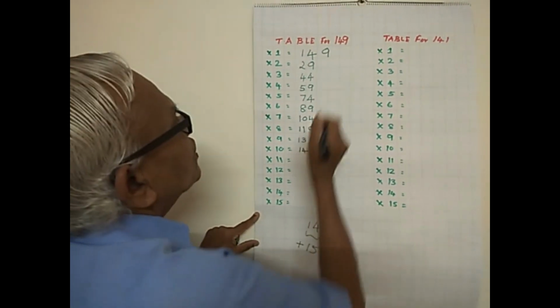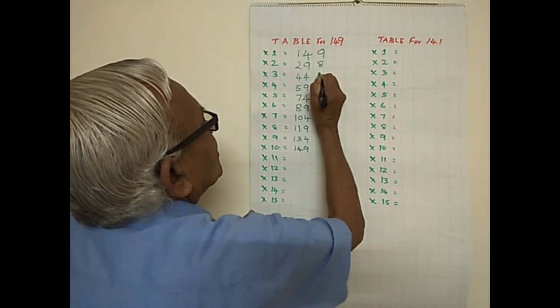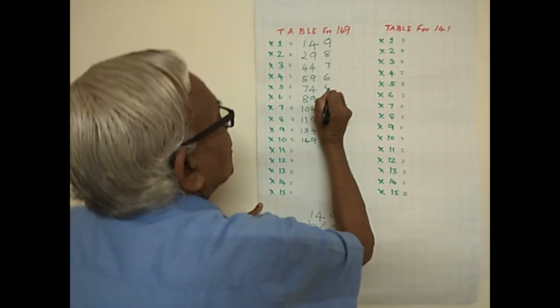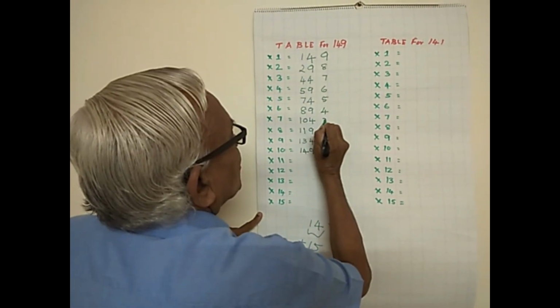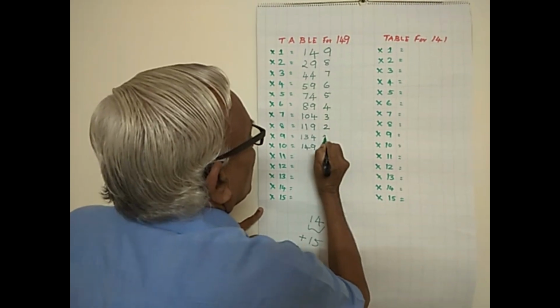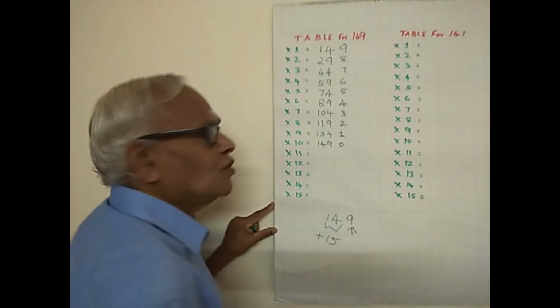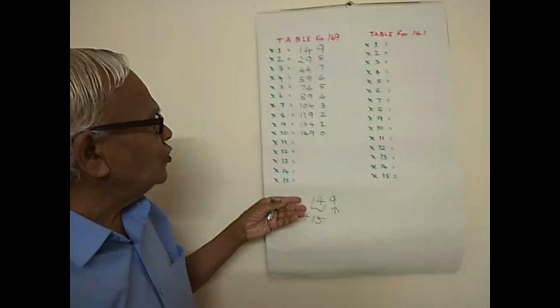Now what about the unit digits? 8, 7, 6, 5, 4, 3, 2, 1, 0. That's all.